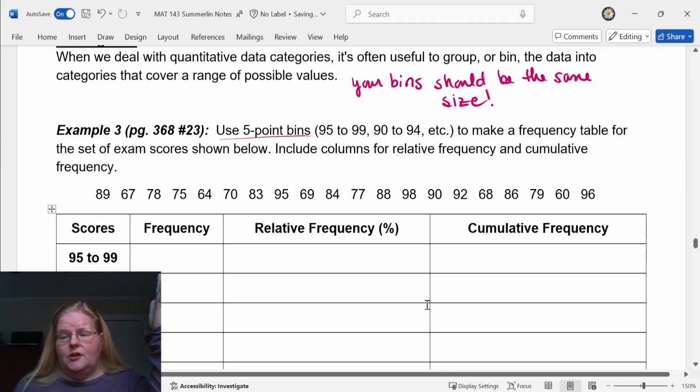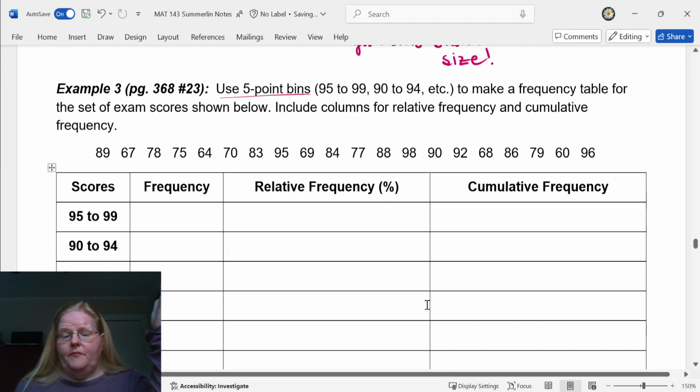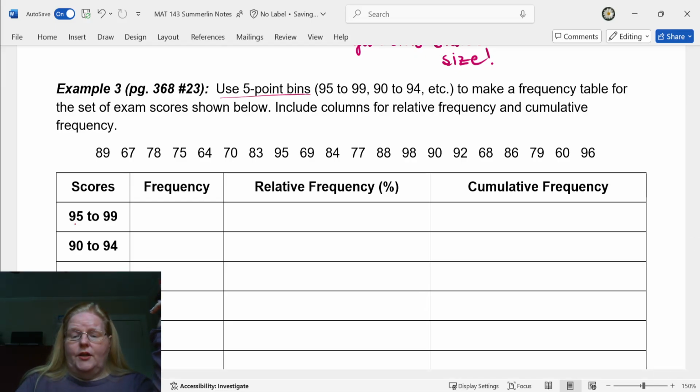and they went ahead and started us with some bins. They said we're going to do 95 to 99, 90 to 94, which means my next group must be 85 to 89, 80 to 84, because those are 5 numbers, 80 to 84: 80, 81, 82, 83, 84. 5 numbers, because you actually count the 80.